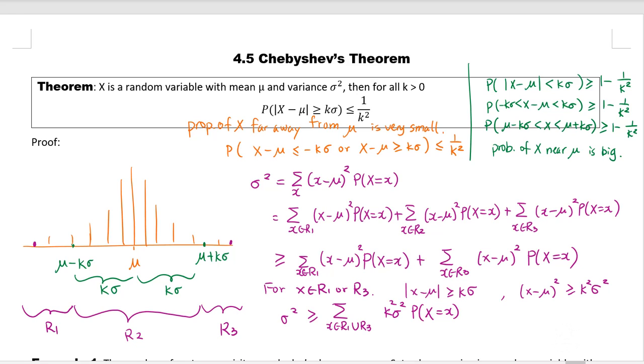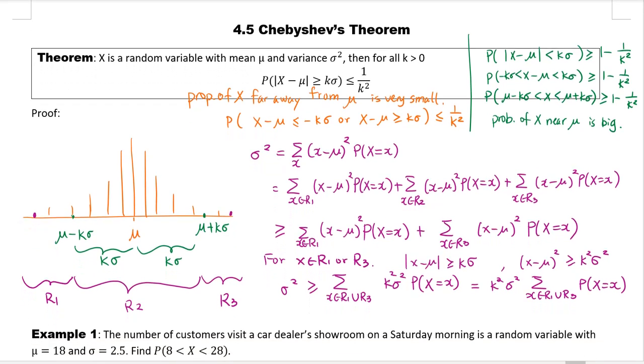And then what do we get now? Because k squared sigma squared are constants, we can put them outside of the sum. Alright, so this is what we get.